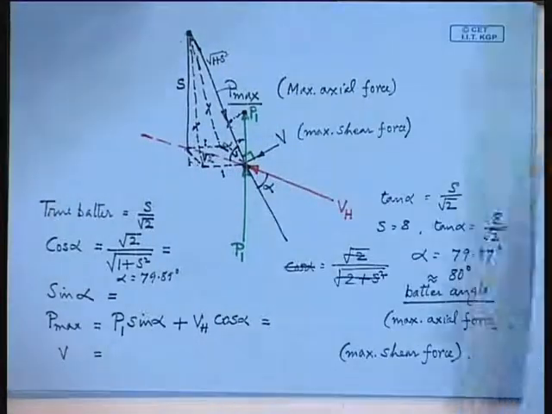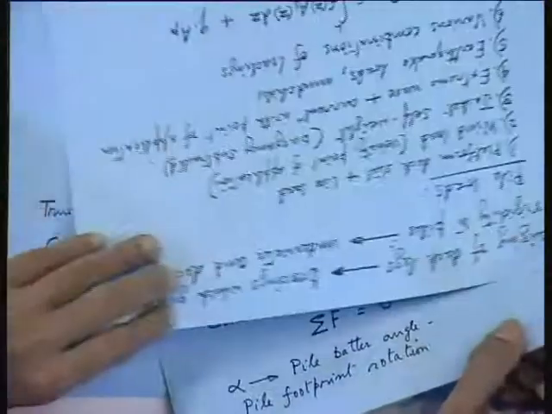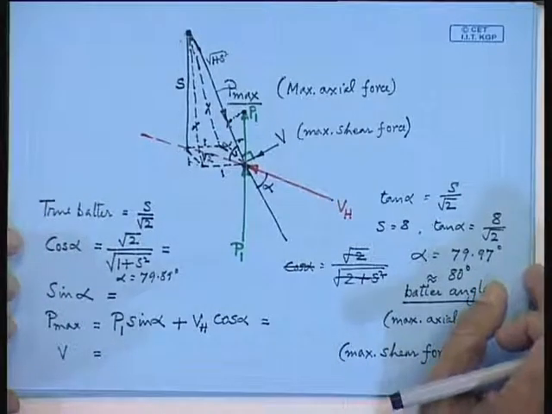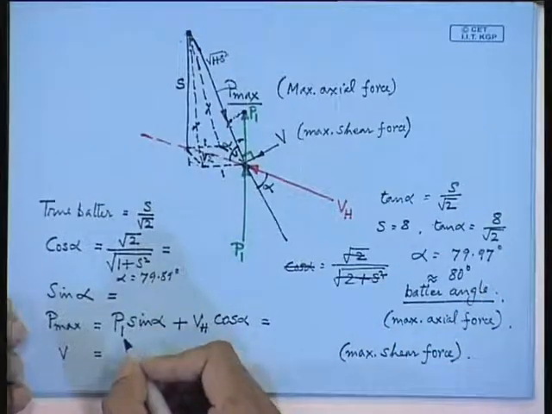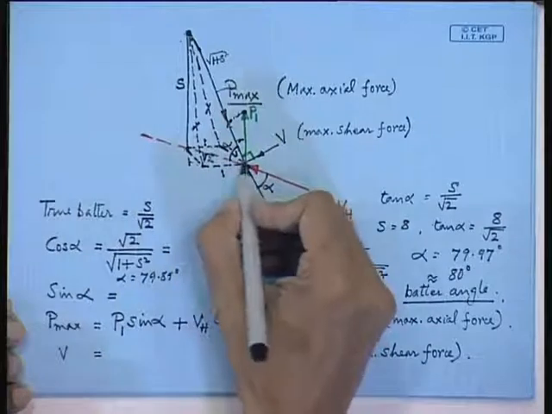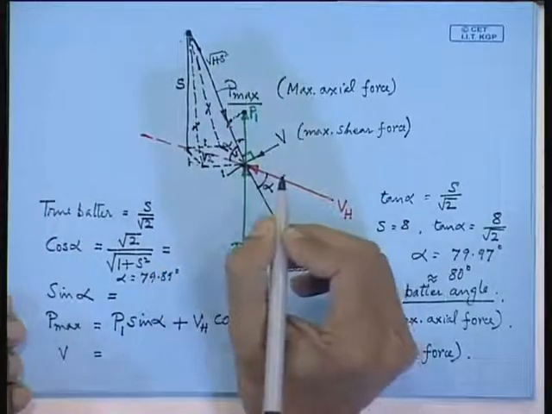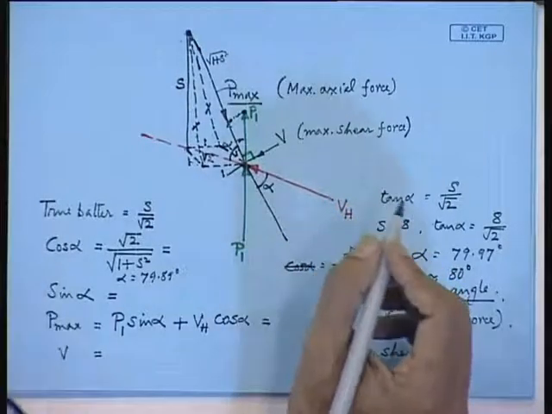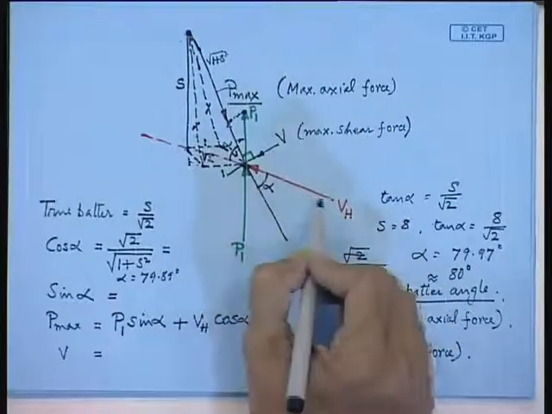I have lost that page. Now shear is how much coming, component from VH?